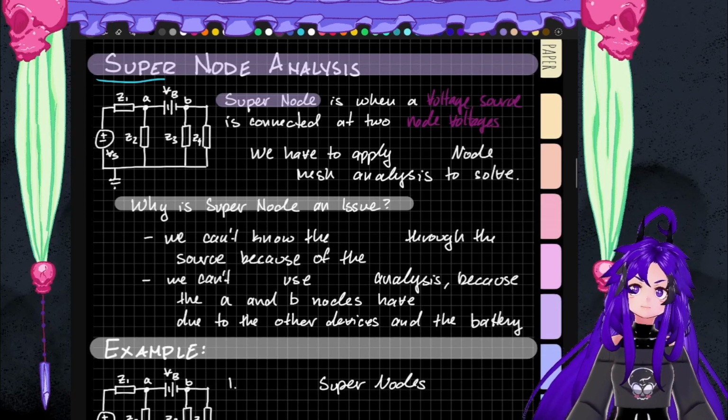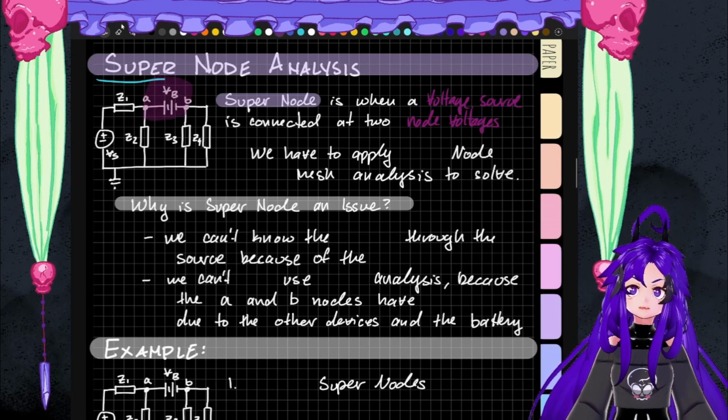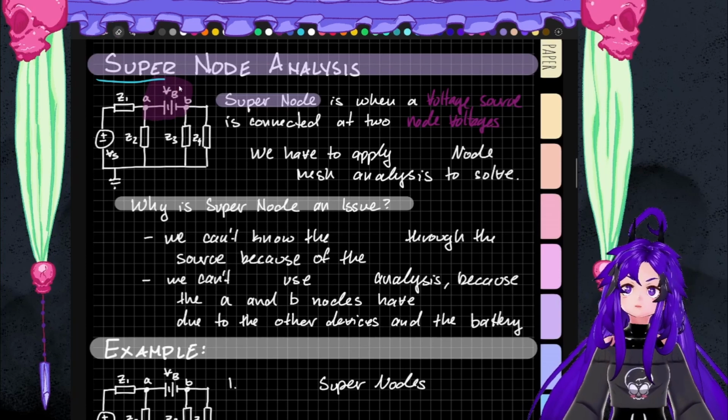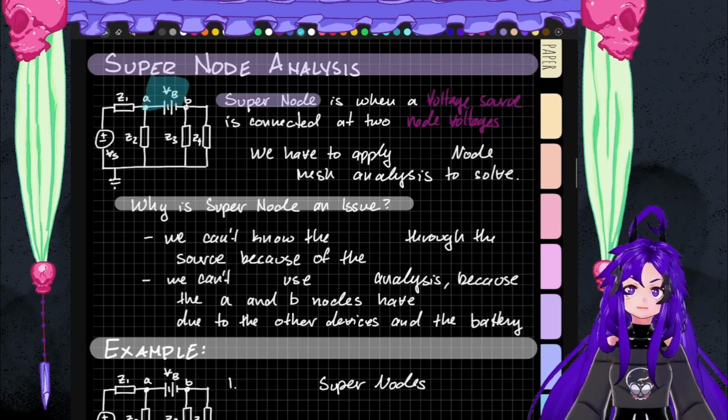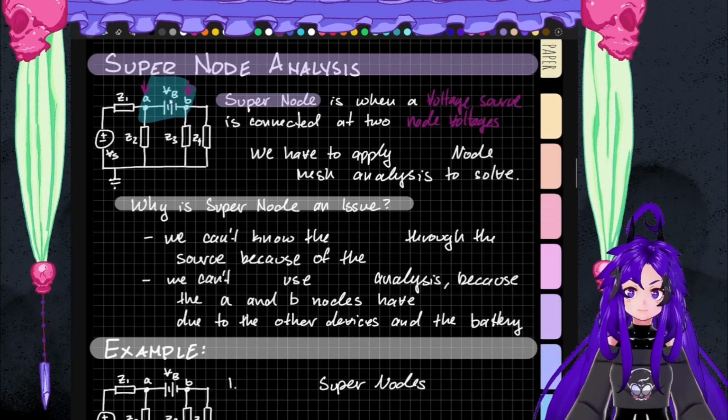So we are looking at this spot here, and I'm not sure that's super visible, so let's use a lighter color. There we go. So we have this A, we have this B, and we have this voltage between them.